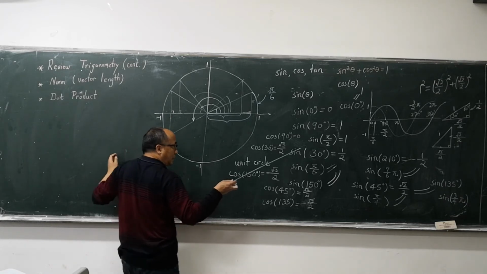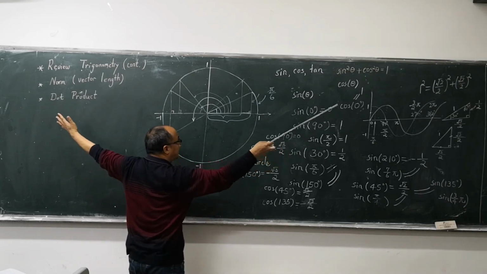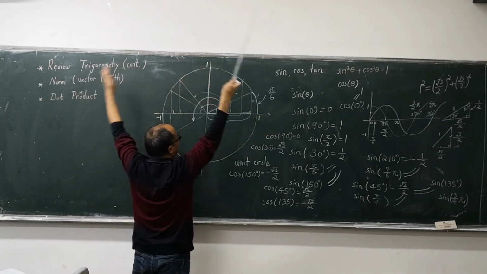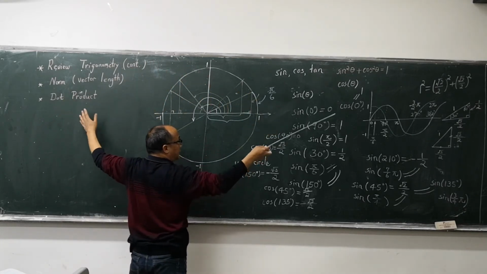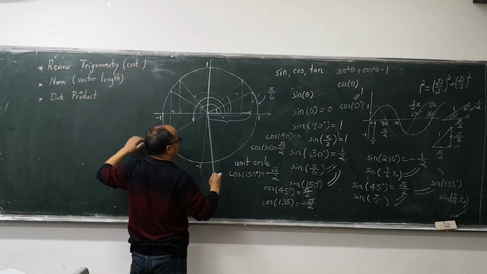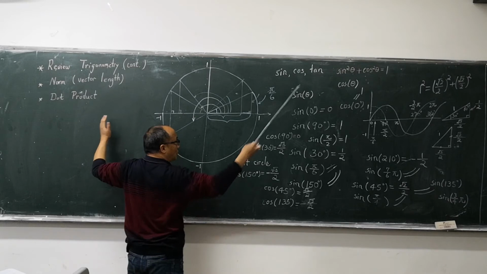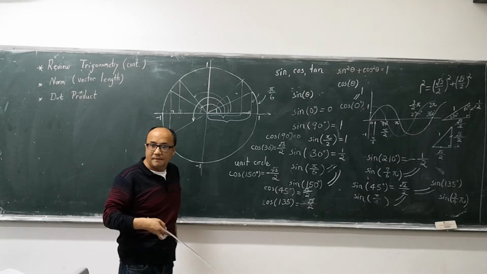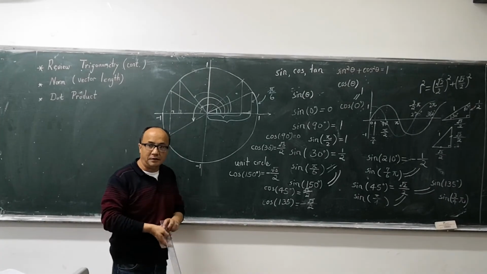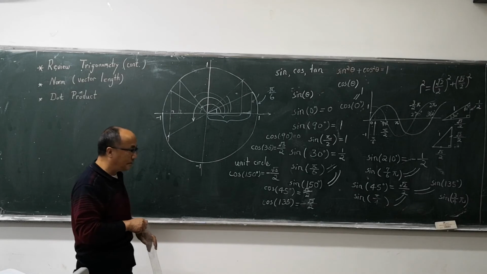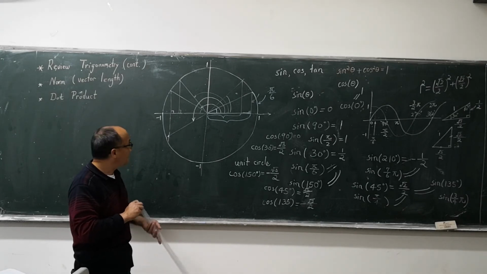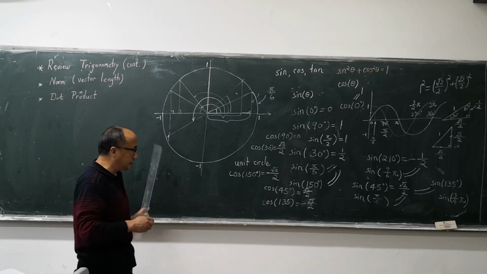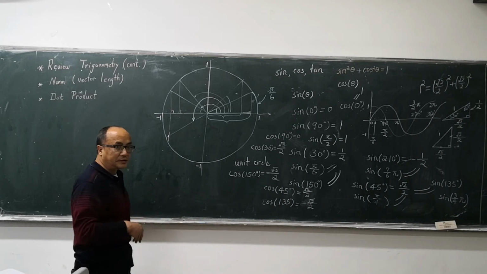This is why for cosine, if two angles are symmetric about the vertical line, their absolute values are the same, but one is positive and one is negative. Are you following? Cosine is the distance on the floor.